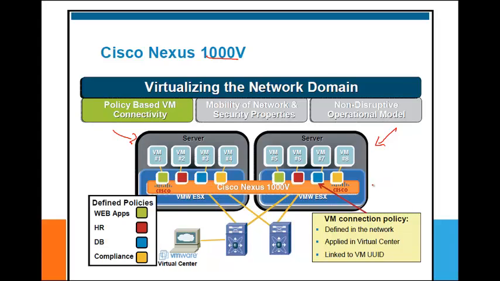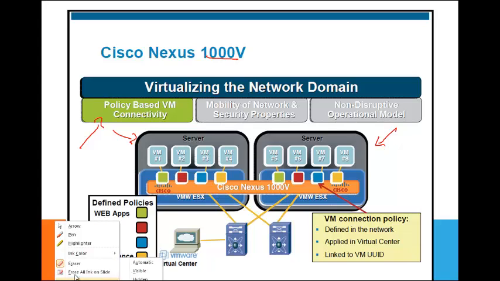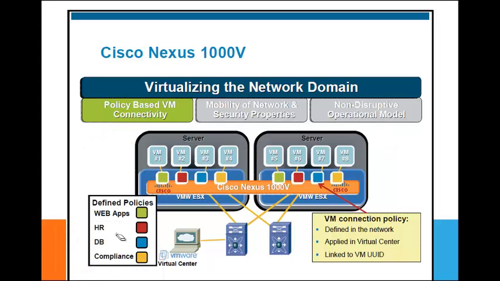I think I'm going away from the topic. The topic here is policy-based VM connectivity. What it is, each VM needs different policies because they belong to different departments. One for web, one for HR, one virtual machine server is for the database, one for compliance.